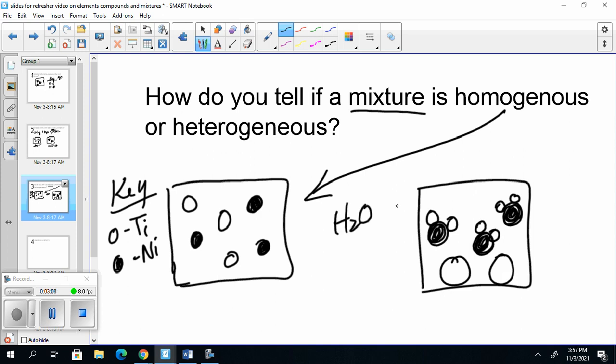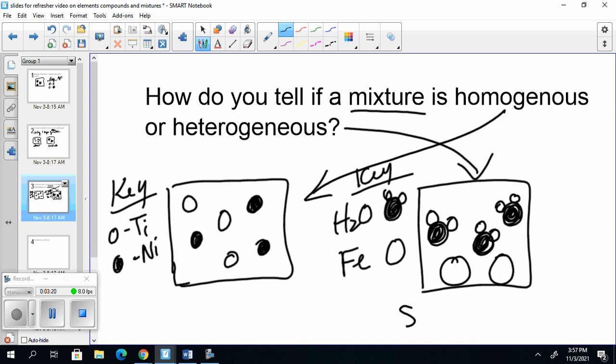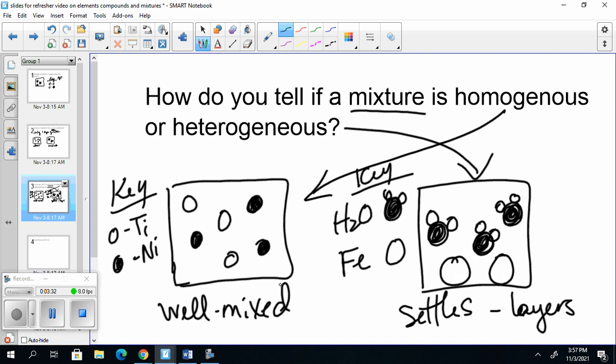So my H2O looks like this, and my iron looks like this. So this would be my key. And this is heterogeneous because it settles. The particles do not mix well, and so I end up getting layers. This one was very well mixed, and so that's why it is homogeneous.